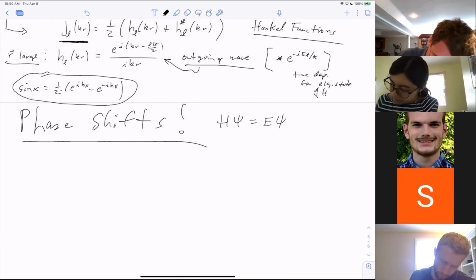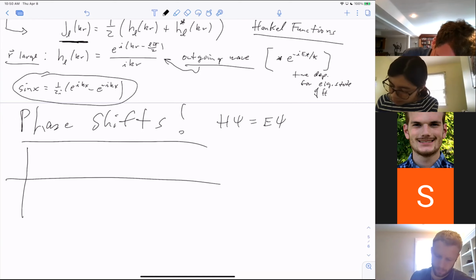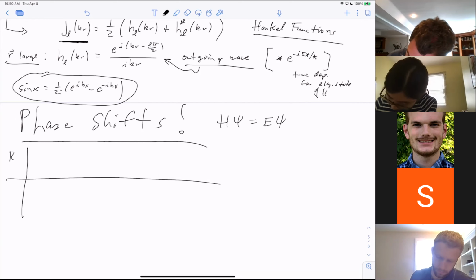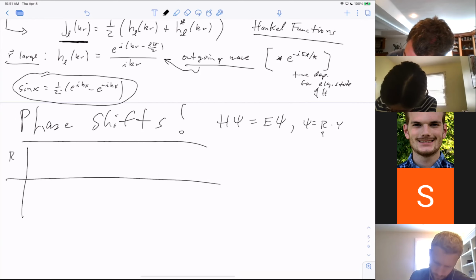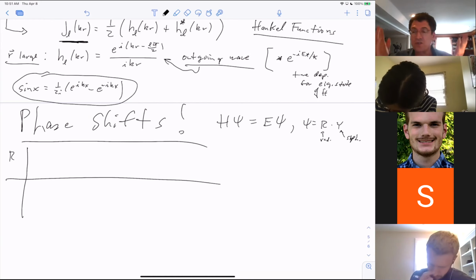And so for the free particle, psi is equal to r times y. This is the radial part, the radial equation, and that's the spherical part. And we'll just ignore the spherical part because that's trivial.